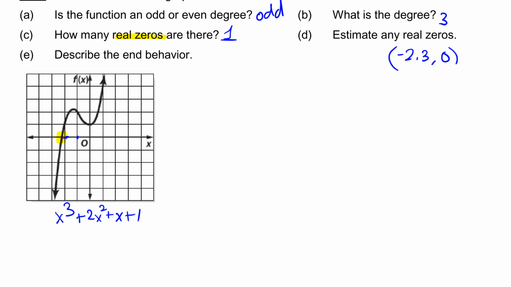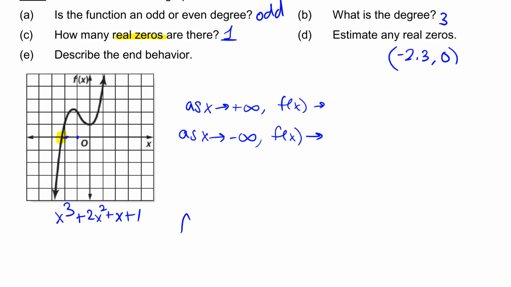You can write as x goes to positive infinity, what is happening to f of x? And then we say as x is approaching negative infinity, what is happening to f of x? So remember, f of x is y, right? f of x is another way to say y.